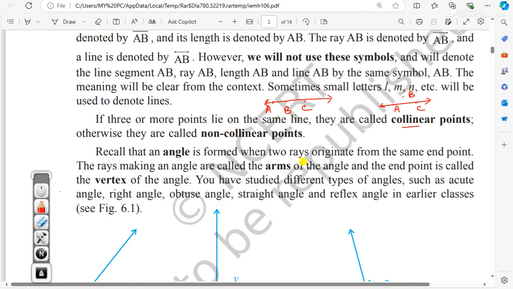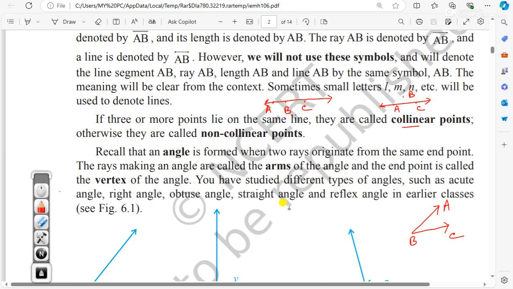Now the third one is, recall that an angle is formed when two rays originate from the same endpoint, right? An angle can be represented in this way. You see here there should be two rays, this is ray 1, this is ray 2, right? And we name it as ABC.